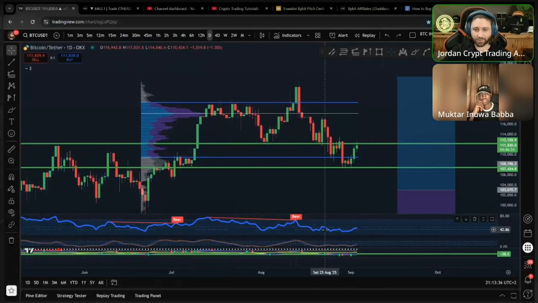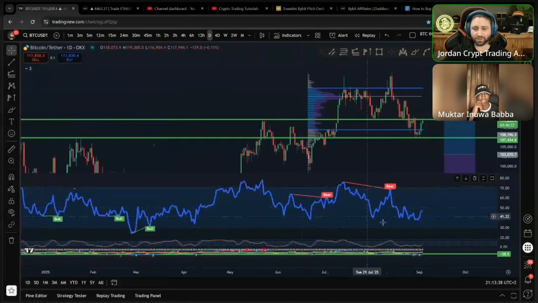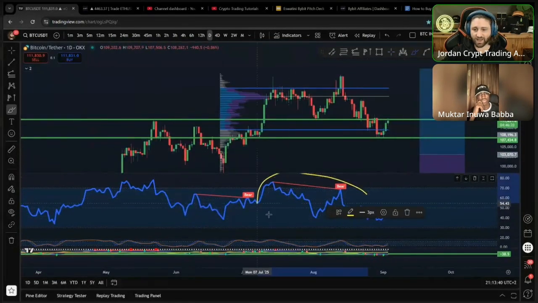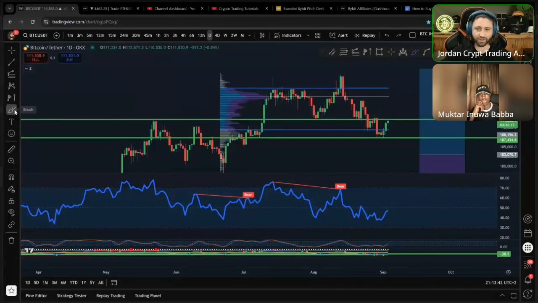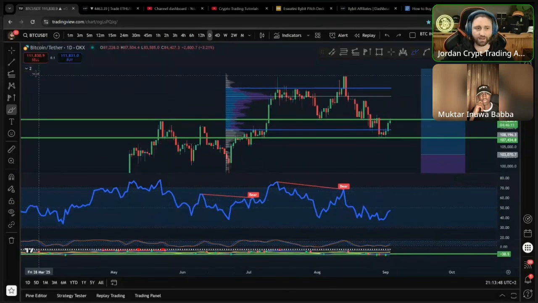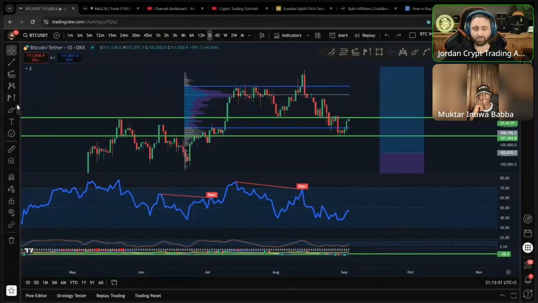All right, and as we can see also here, it's very important to understand how to use your RSI and how to use your divergences. This trade was given to you by this beautiful bearish divergence on the daily time frame on your RSI. Especially if you are a beginner trader, I think it's very important to stick to the larger time frames as much as you can, stick to the daily time frame.